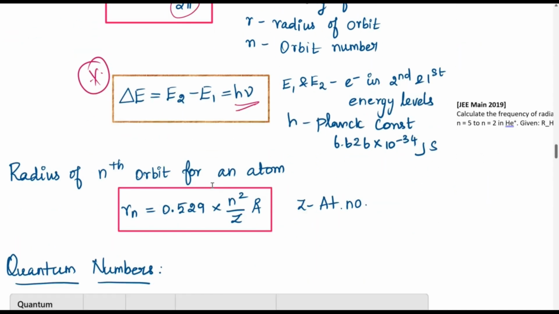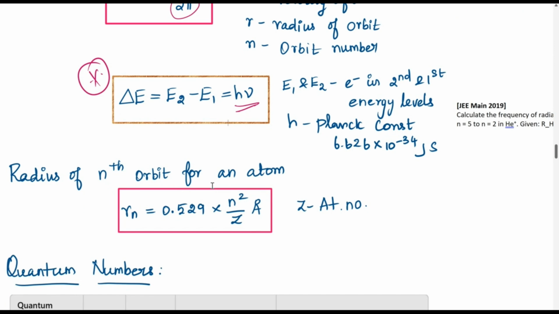And one more thing I want to add over here: sometimes the question can be asked in this part, find the radius of the nth orbit of the atom. For that you can simply apply: Z denotes the atomic number, n is the level of the orbit that they will give, and sometimes they will give the radius and ask you to find the n value.